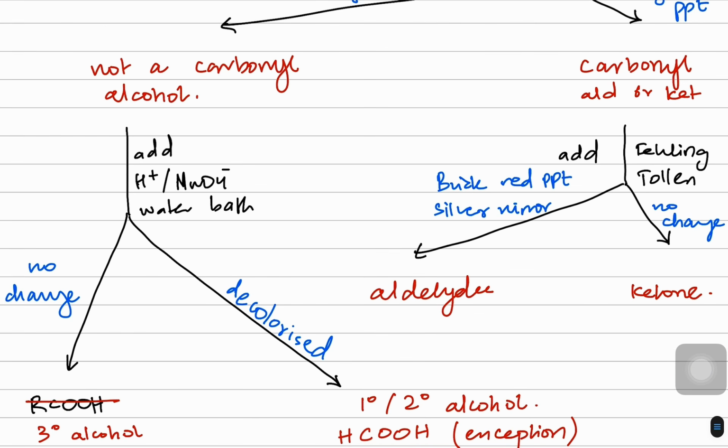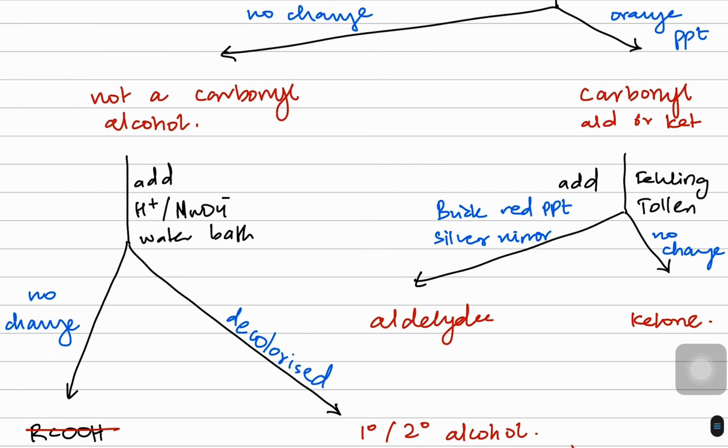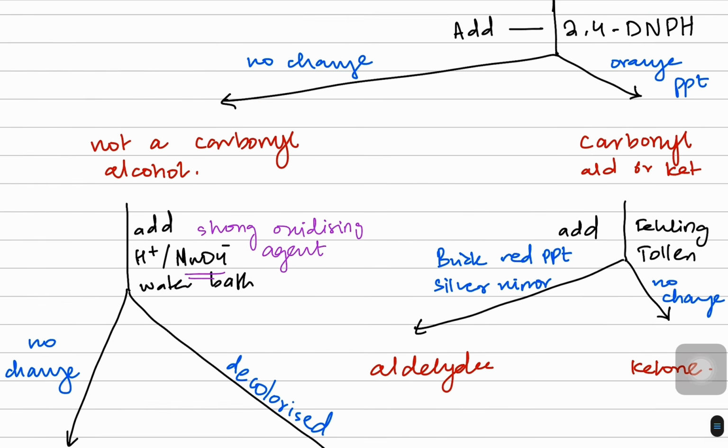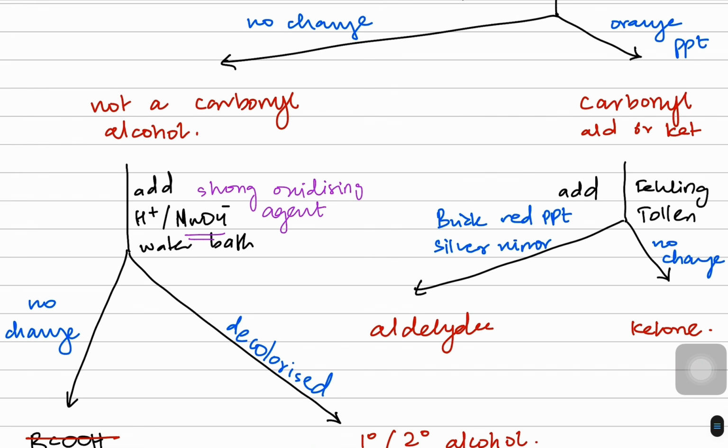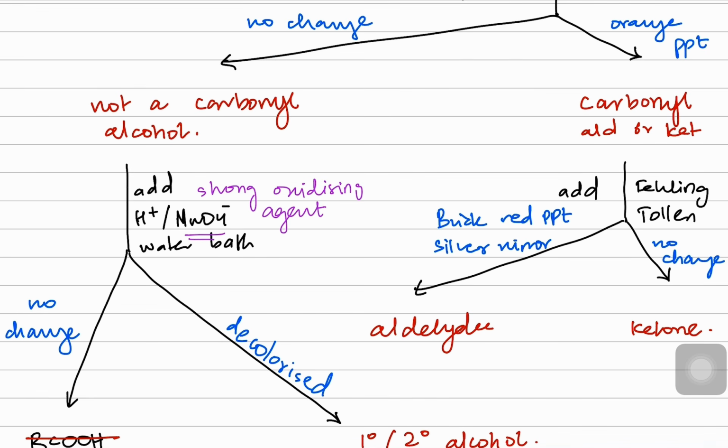Now, quick reminder about what these chemicals are. When I said manganate, you should know manganate is a strong oxidizing agent which gives you a change from purple to colorless. Another thing, when I talked about Fehling solution, you should know that Fehling solution is copper 2 sulfate and organic acid.